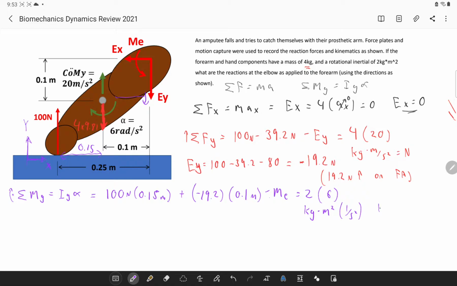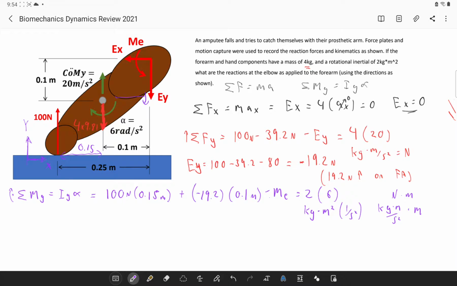So this is the same as kilogram meters squared over seconds squared, which is the same as newton meters. So again, just checking to make sure our units are consistent. And if you're using newtons, kilograms, meters, and seconds all the time, that makes things a lot easier. If you're using something else, I would probably suggest that you convert to kilograms, meters, newtons at the start, and then go all the way through.